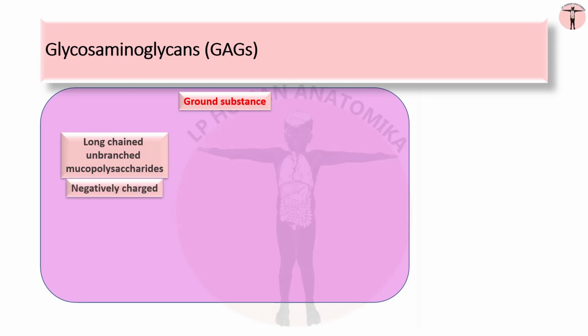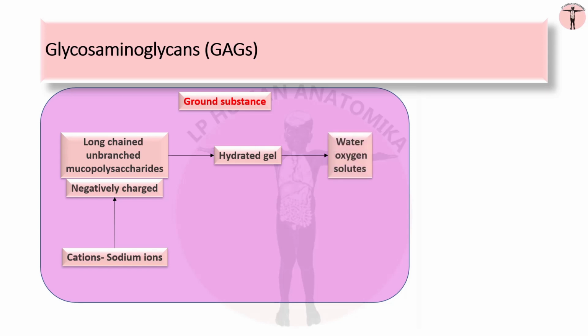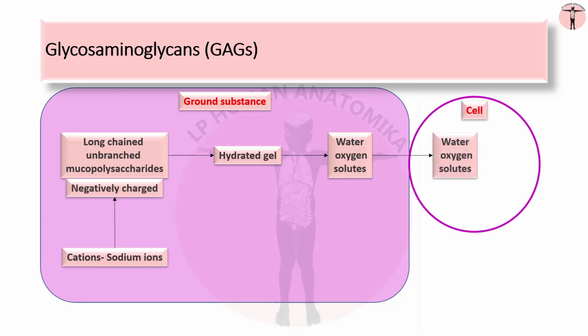They are negatively charged, attract osmotically active cations such as sodium ions, and make the matrix a hydrated gel through which water, oxygen, and solutes pass to reach the cells.